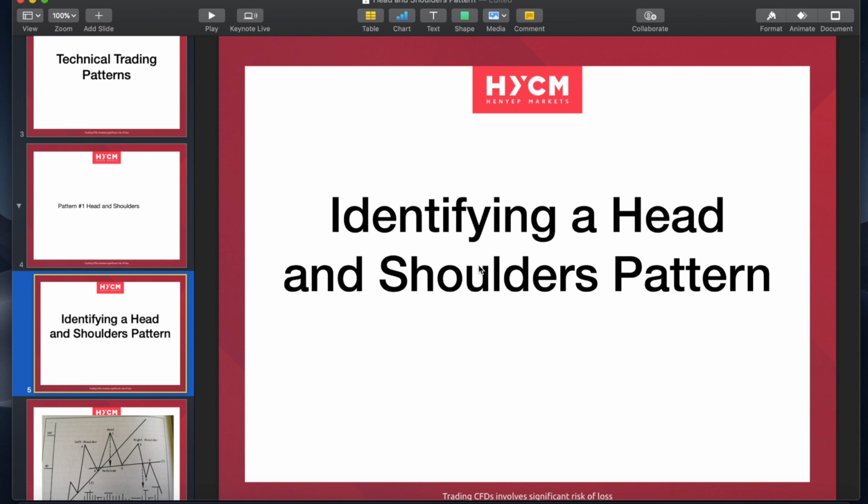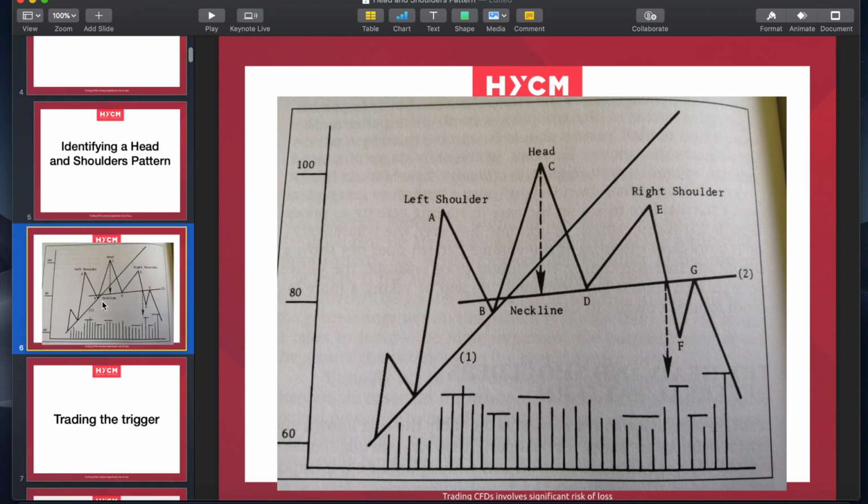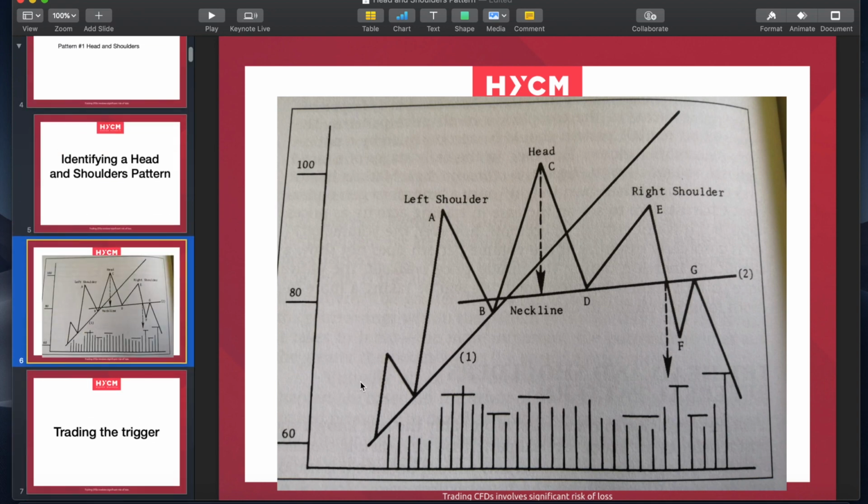So you want to see price having a strong move in one direction, and then after the strong move in one direction, like in this diagram, you can see we have an uptrend, and then the head and shoulders pattern is a key pattern that indicates price is reversing.